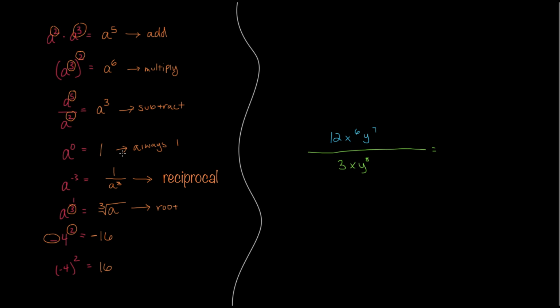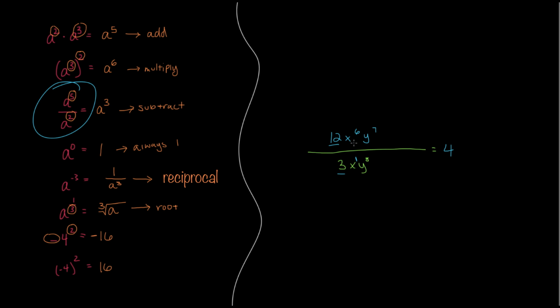For this, we're going to have to use a different property, which is our fractional property again. Once more, first thing we do is get rid of those constants. 12 divided by 3 is equal to 4. Moving on to our variable terms. Again, x and y's are different, they can't be combined together. So we're going to start with only the x's first. Remember the imaginary 1 on this plain x.